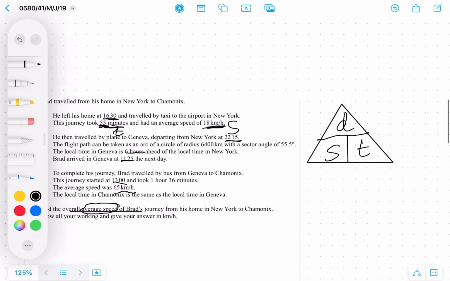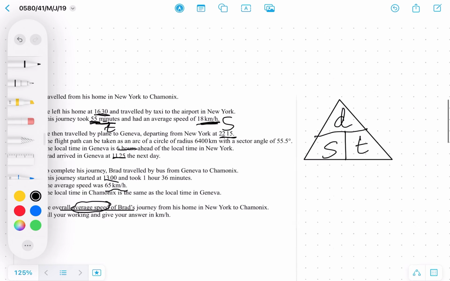From the speed, distance, time triangle, we know that distance is equal to speed multiplied by time. Now we have to be careful, because the time given to us is in minutes, whereas the speed is given in kilometers per hour. So we must convert the 55 minutes to hours.